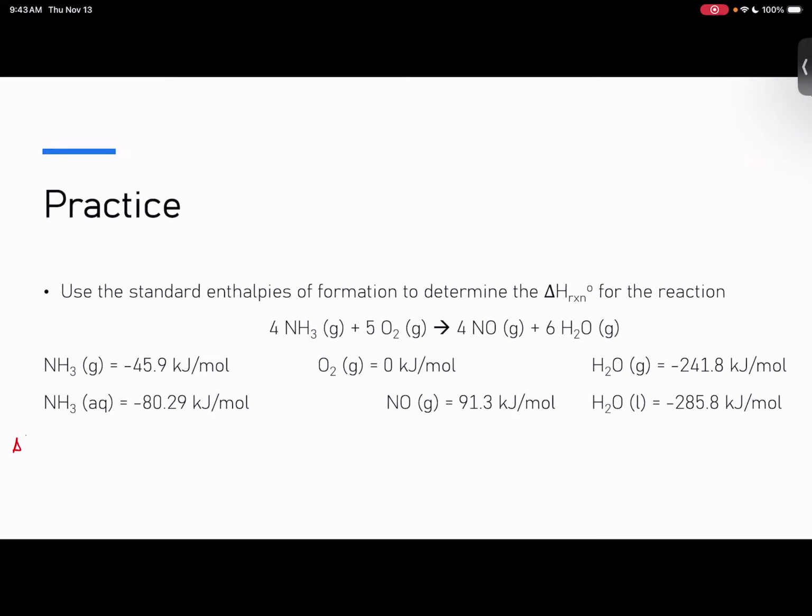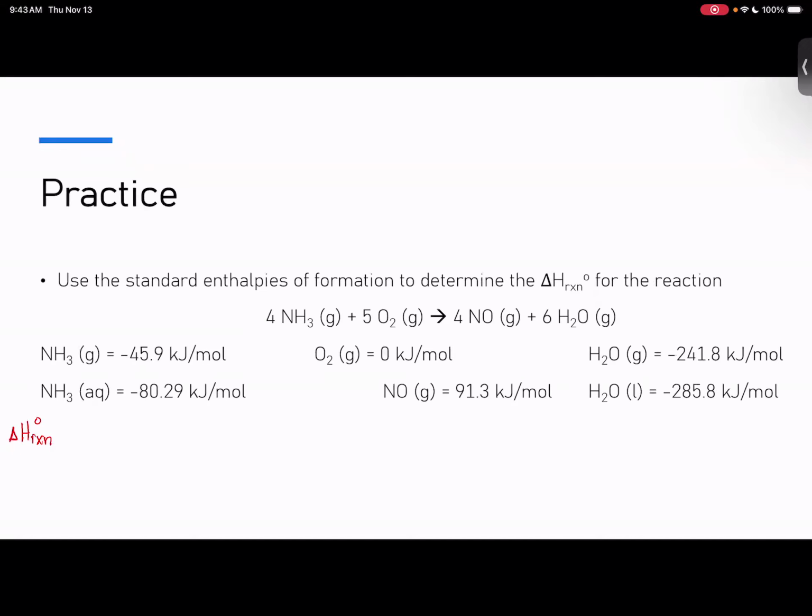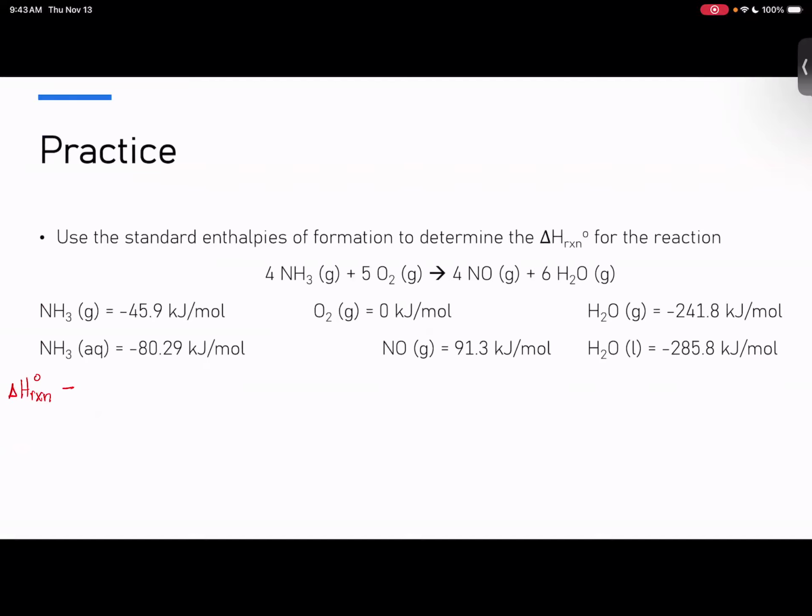My delta H of reaction in its standard state is going to be equal to the sum of the products times their stoichiometric coefficients.